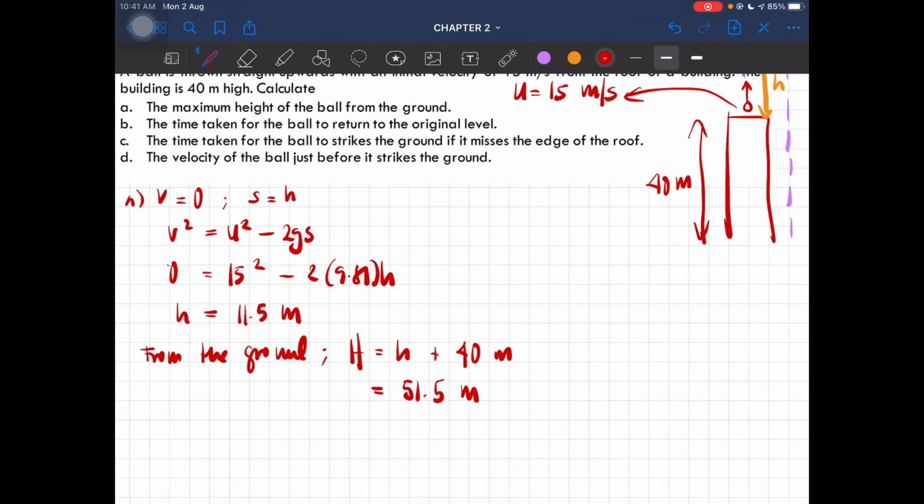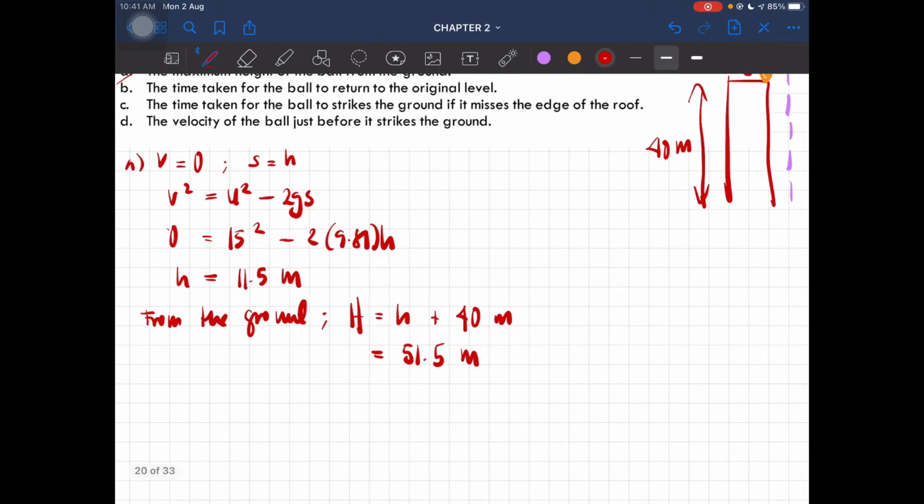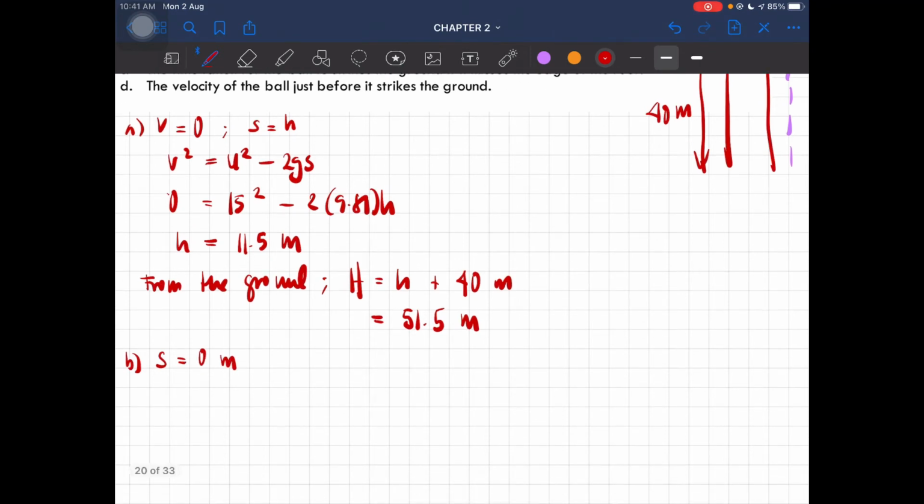Okay, next, time taken for the ball to return to the original level. For it to return to the original level, we are letting s equal to 0. Okay, so it is back to its starting point, so 0 meter. So what we can do is find it using the formula s equals ut minus half gt squared.